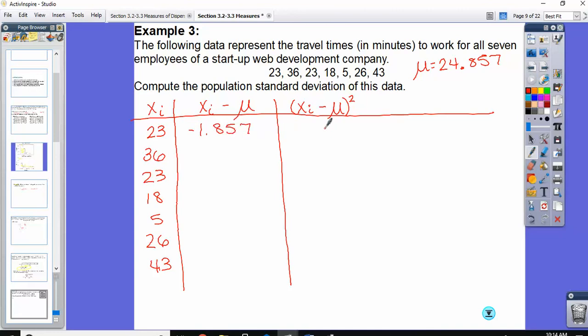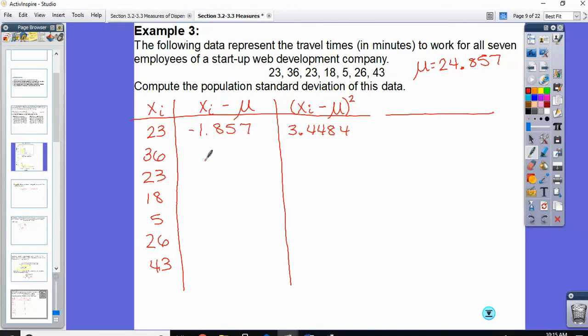And while I have that entered, I'm just going to go ahead and do the second thing. I just square it. You can keep all the decimal places, or we could round it to 4. Again, rounding is going to change things a little bit, but that's why it's really important to show me your work. So let's just round it to 4 decimals for now.